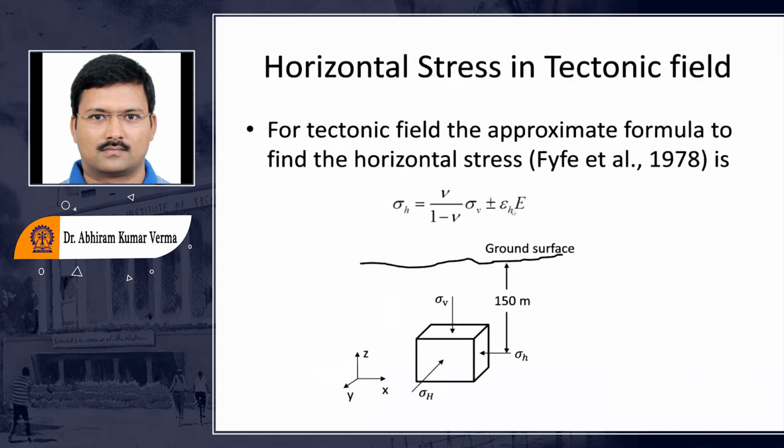For sigma small h we will use 1.20, and for sigma capital H we will use 0.25, and this is your strain, 0.1 percent, 0.1 divided by 100, which we will use to get these values. So in case of tectonic strain, you can use this relationship to find out the values.